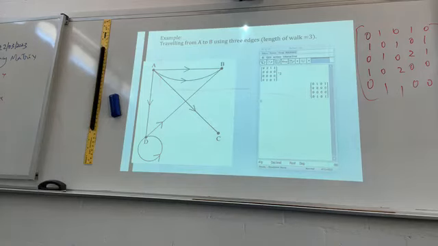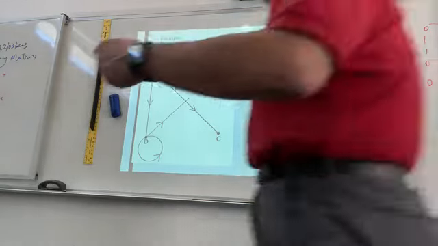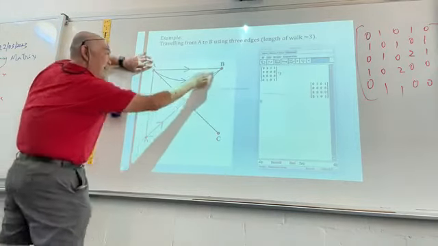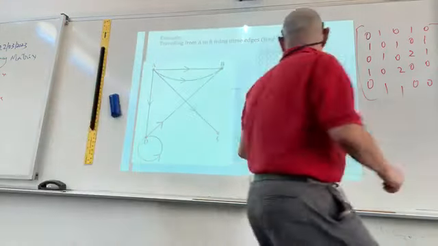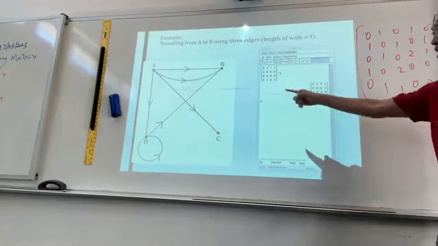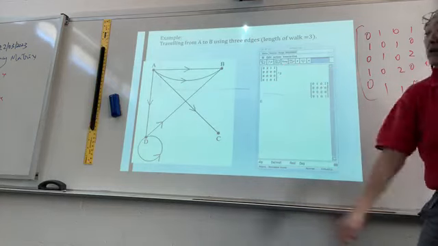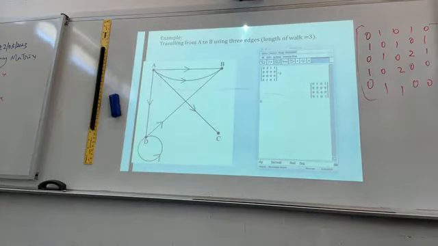Okay? So, if I want to do traveling from A to B using 3 edges, of course I can't do that directly, but here, A, D, and B. All right? So, to the power of 3, that's only 1. So, A to D, 1. See? Got it? So, remember the loop. You can do it multiple times.